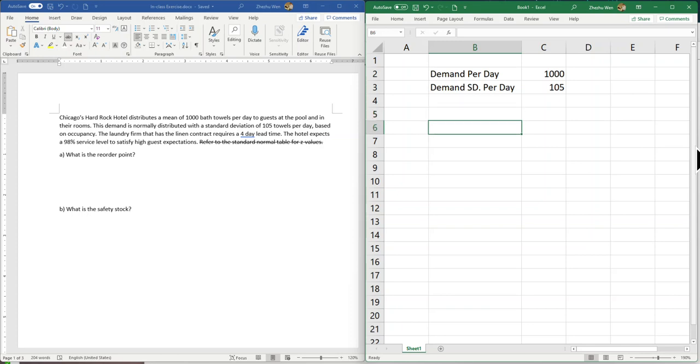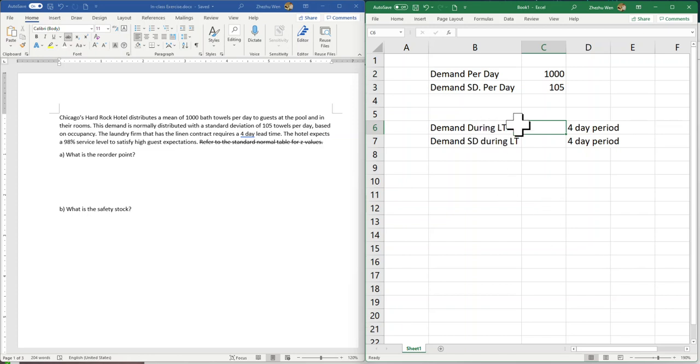But what we need in this case is the demand during lead time, which is a 4-day period, and the demand standard deviation during lead time, that's another 4-day period. So that is a difference. You probably have seen how to convert from daily demand to lead time, which is longer than 1 day.